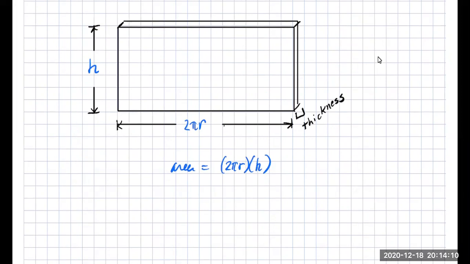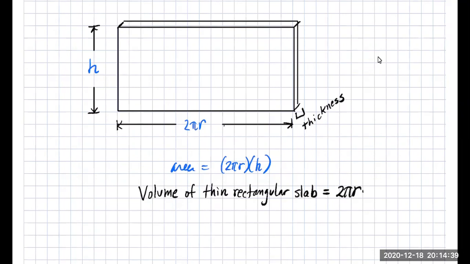So now the volume of it would be the area times the thickness. Well, the area is above. We said that's going to be 2 pi r times h, and in parentheses, I'll just put the thickness. That will give you the volume of that cylindrical shell, we call it.